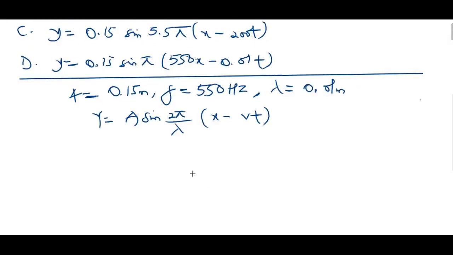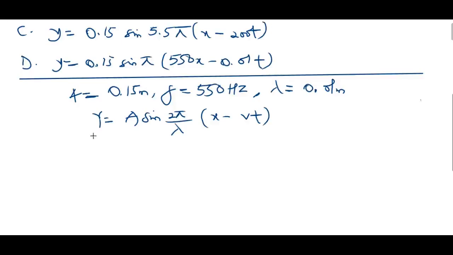So now that we have y equals a sine 2 pi over lambda into x minus vt, let's begin to substitute. We already have a to be 0.15. We have lambda, but we don't have v. So x will remain there as constant, y will also remain as constant.